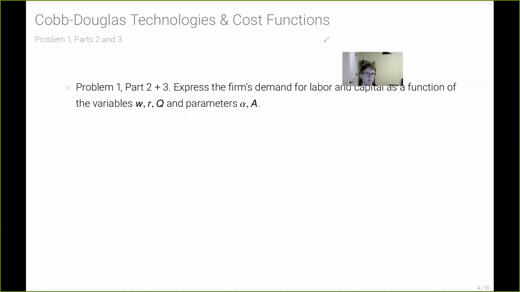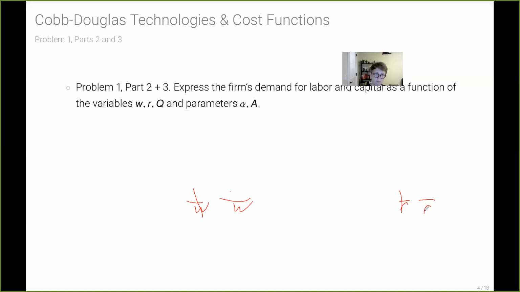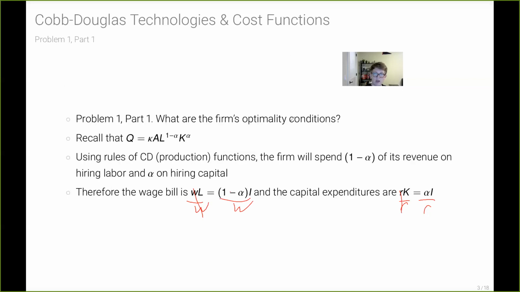Okay, so in parts 2 and 3, what we want to do is express the firm's demand for labor as only a function of the variables W, R, Q, and the parameters alpha and A. So here we've written the firm's demand for labor, and if I just divide by W on both sides, we've written the firm's demand for labor in terms of alpha, their revenue I, and W, and we've written the firm's demand for capital in terms of alpha, their revenue I, and R. But what this is asking is not to include their revenue in there.